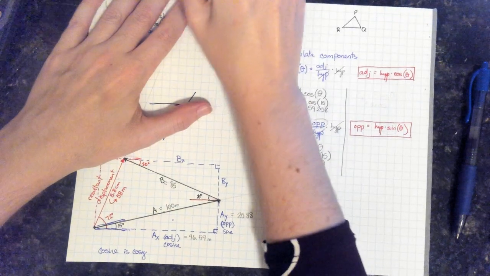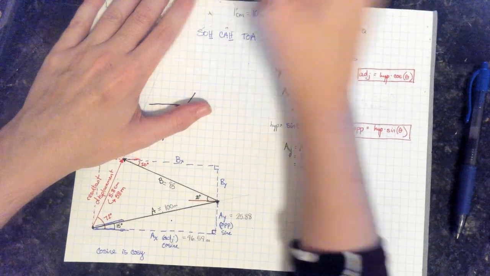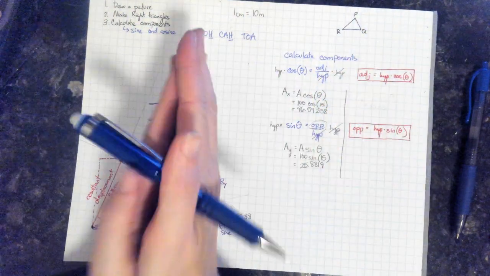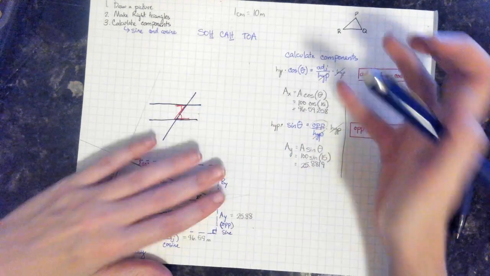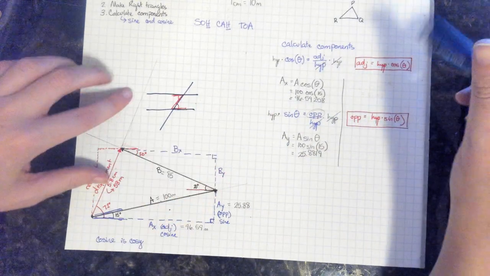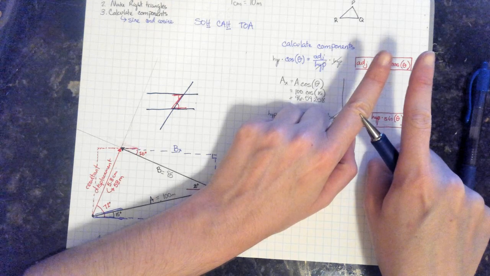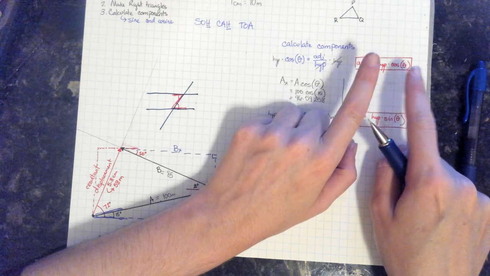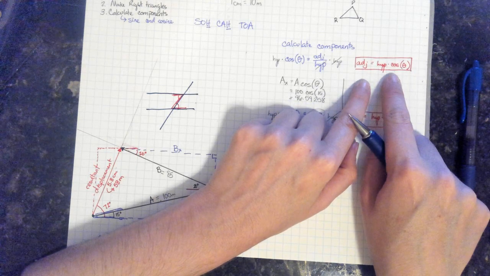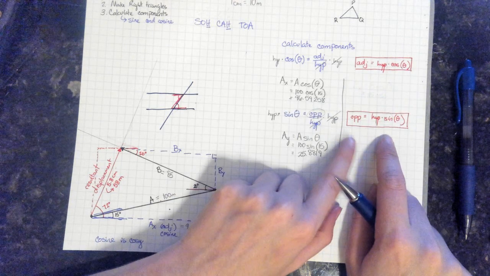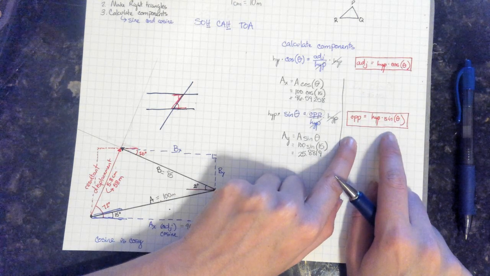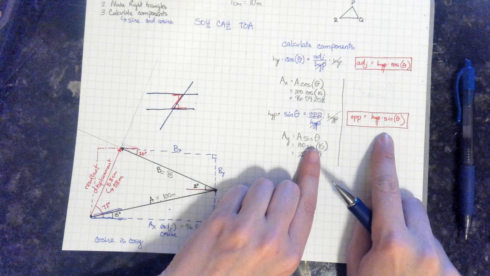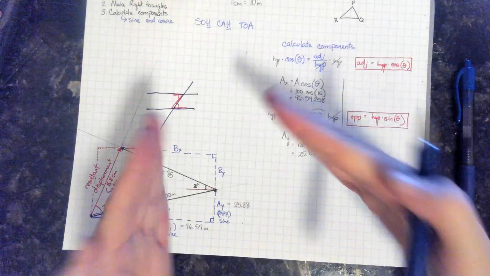And that can be tricky when we get to forces, because sometimes in forces, you'll be using a vertical angle and it'll switch. But what is always true is that the adjacent side is always related to cosine and the opposite side is always related to sine. So these are always true no matter how we're measuring our angle.